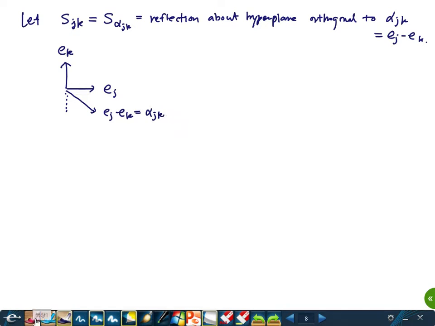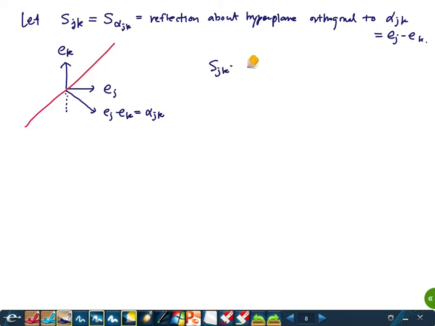So the reflection about the hyperplane orthogonal to this means reflection in this plane about this line. And for other vectors, like e_l or e_something else, they will be orthogonal to this, so they will stay there.